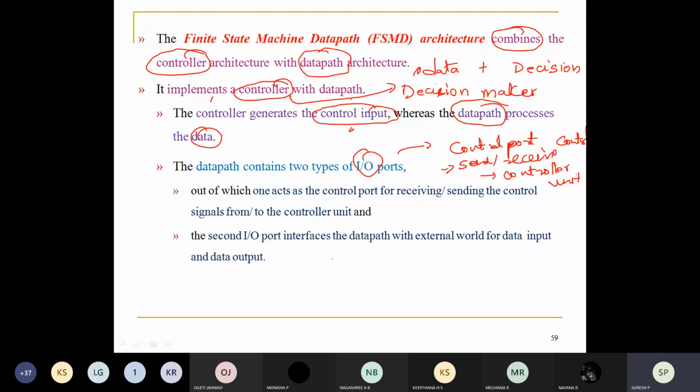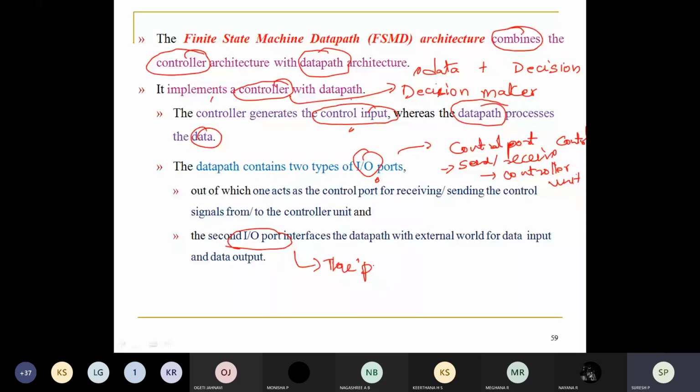That means one I/O port is within the embedded system, and the other port is for the external world.